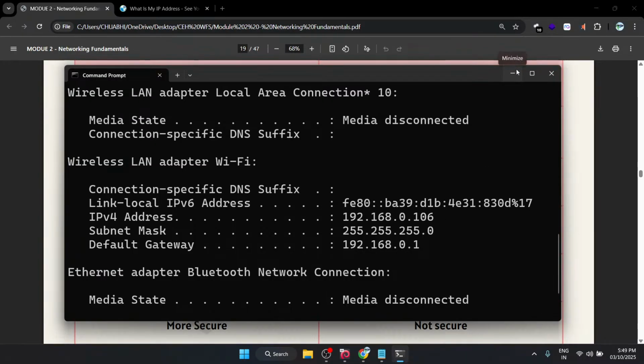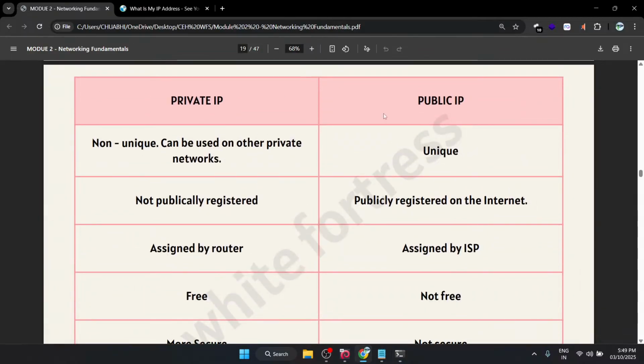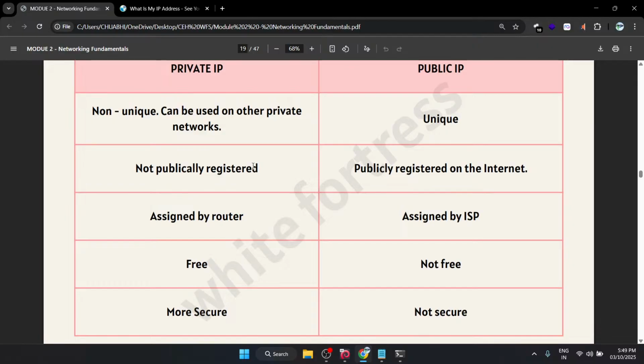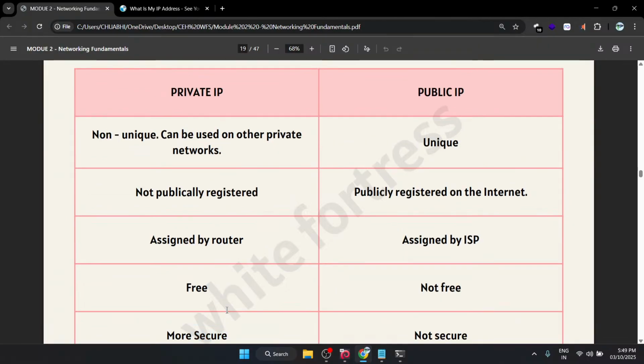That is the IP which is provided by the router to you. It is non-unique and can be used in other private networks as well. It is not publicly registered and it is assigned by the router. It is free of cost and it is more secure. Why is it more secure? Because it is not directly connected with the internet.